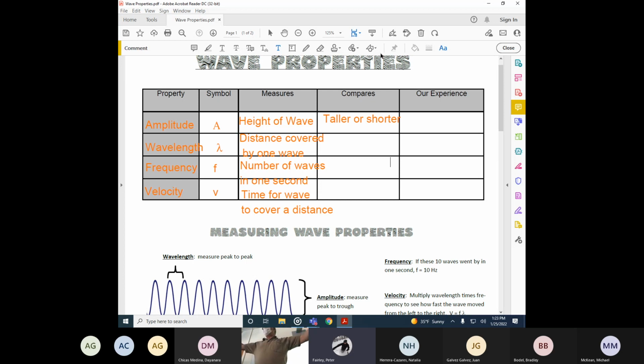What about wider versus thinner or narrower? Whoops. Wider. I used the right finger, but I didn't hit the right key.